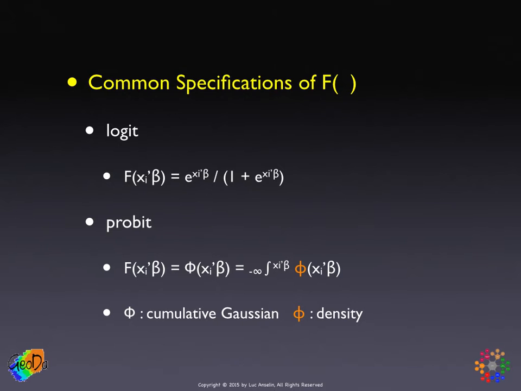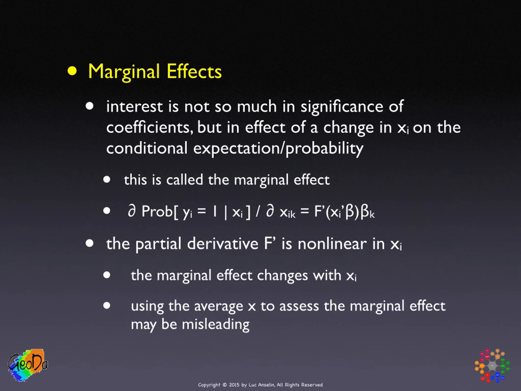So in our notation, we have phi as a cumulative Gaussian or normal distribution, and then slightly larger phi, which I've colored orange in the slides to keep them separate, as the density. In contrast to linear regression, in Probit regression, which is a form of nonlinear regression, the marginal effects are not the coefficient.